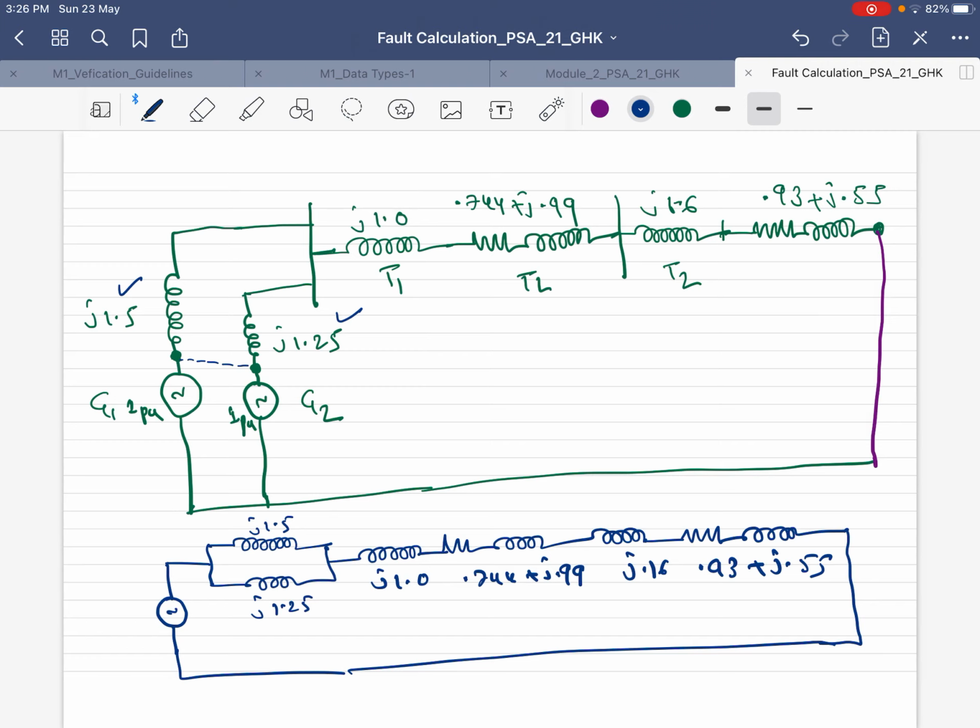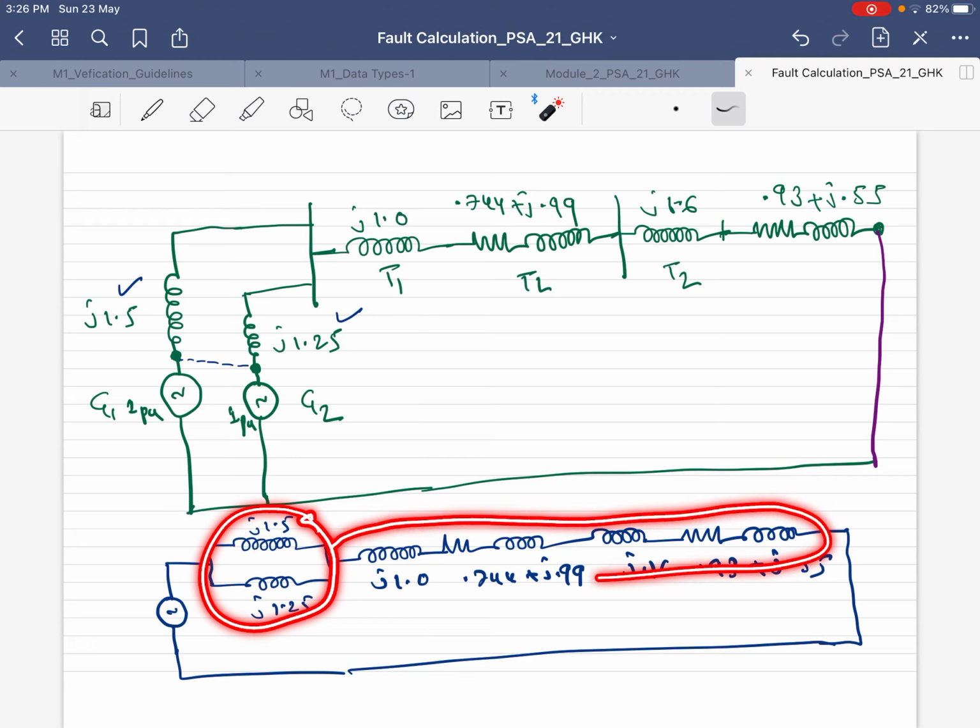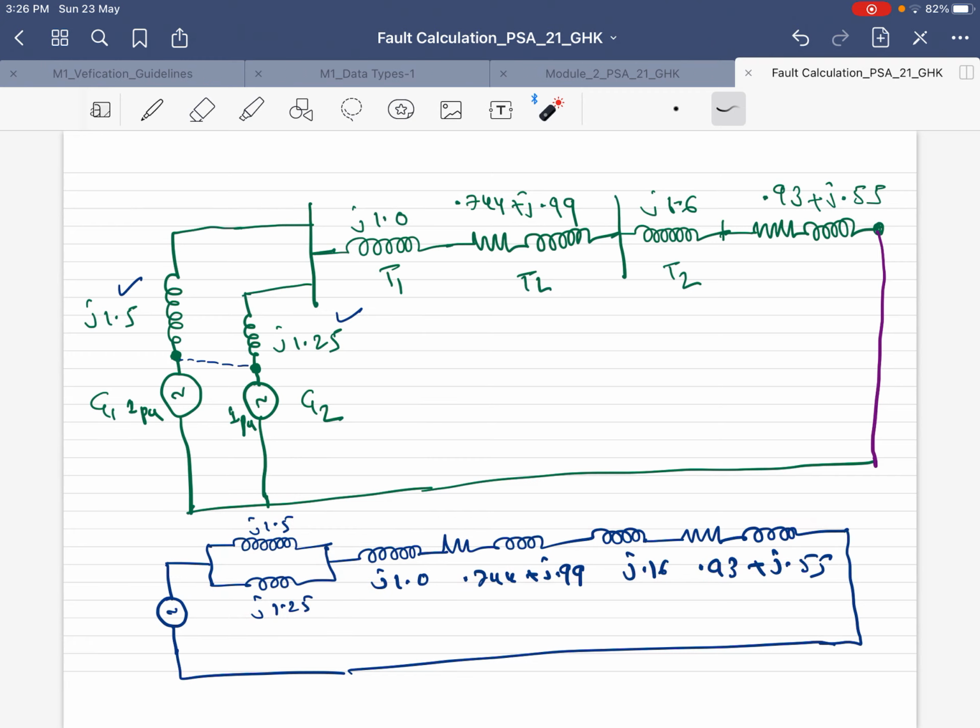You have to get a single impedance. First you have to reduce the parallel combination of these two. Find out the parallel combination impedance, reactance. Then you have to add all these reactances and you are getting a single equivalent impedance. That you have to get.